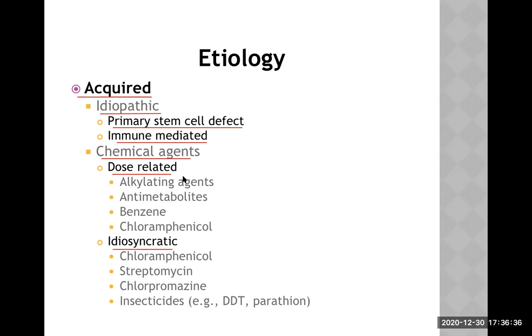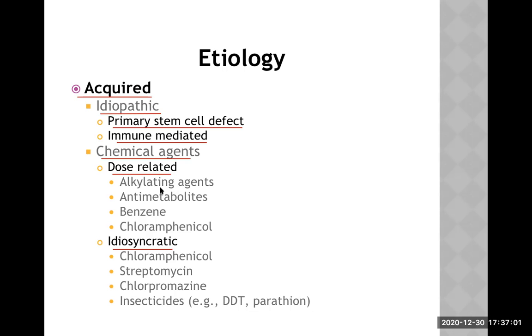Now, dose related is directly proportional to the dose the patient takes. Higher the dose, severe the damage. Whereas idiosyncratic doesn't depend on the dose. Even if one dose or one drop of whatever form of the medicine patient is taking, that can result in idiosyncratic reaction, and that can damage the bone marrow.